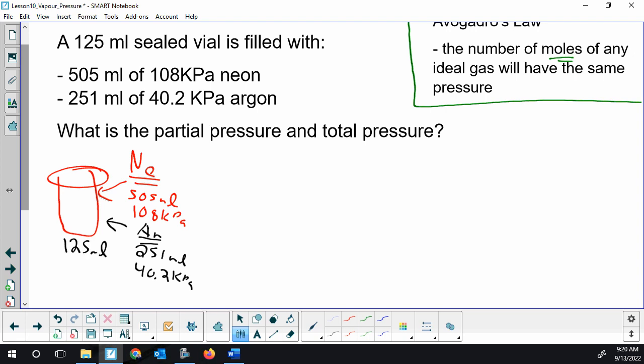They're both being compressed down to 125. So before we even do any math, we know for compressing the gases, volume down, pressure up. So the partial pressure of each of those gases should go up.